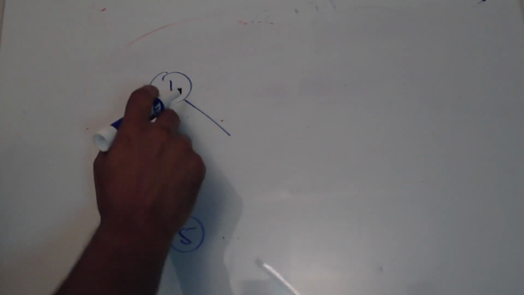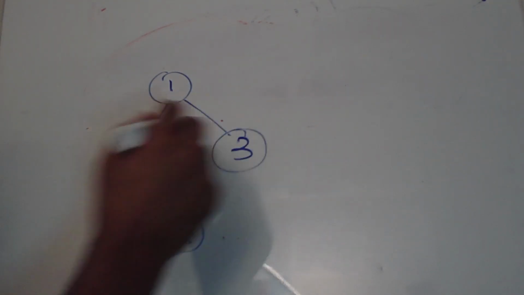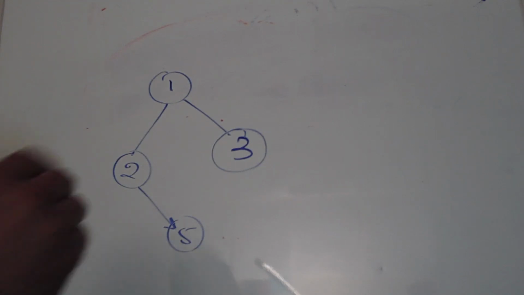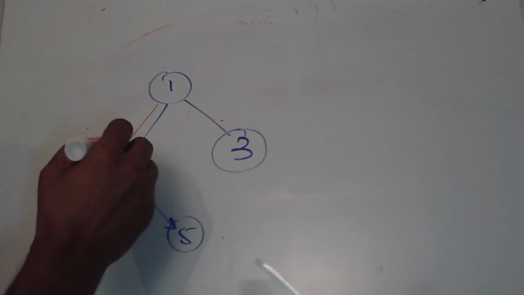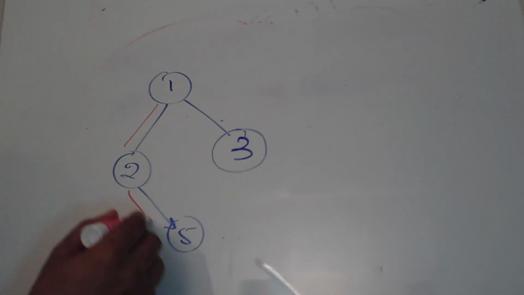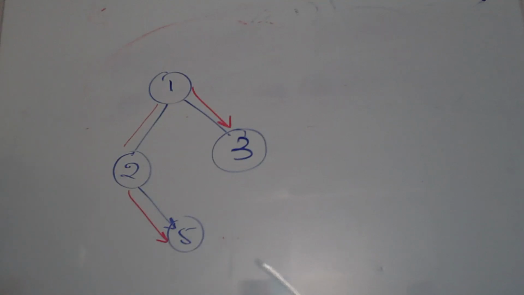Same way, to 1 it has 3. So in this particular case it asks that we have to traverse from the root to every node, and then we have to return the possible paths.